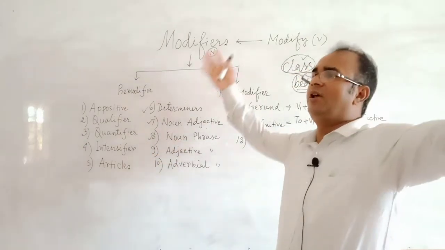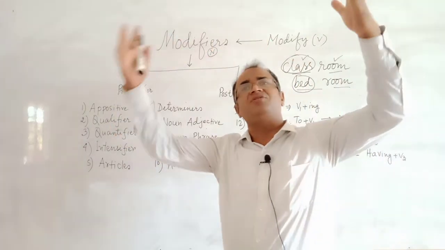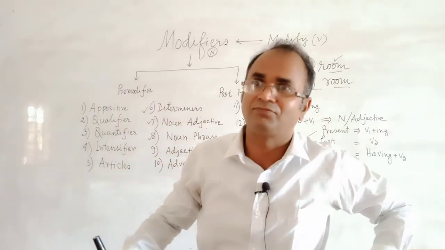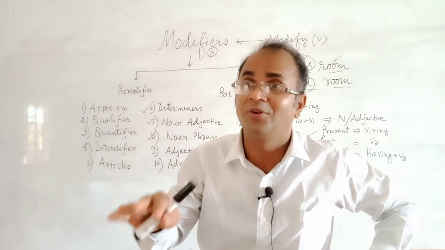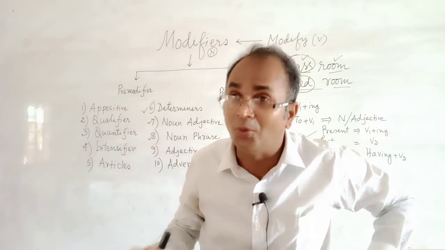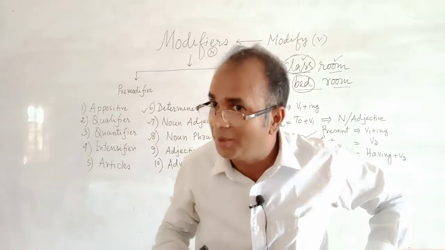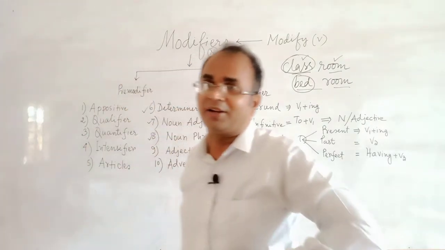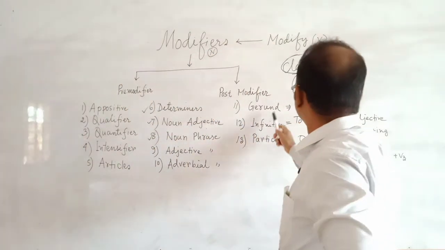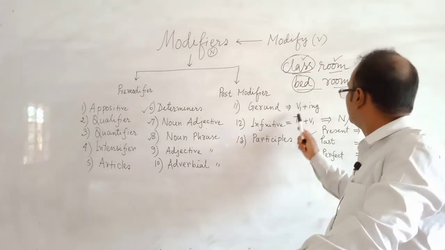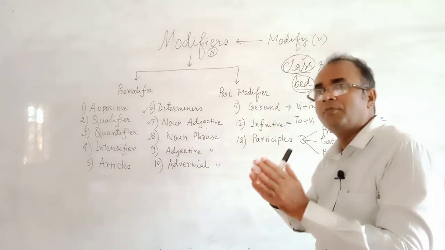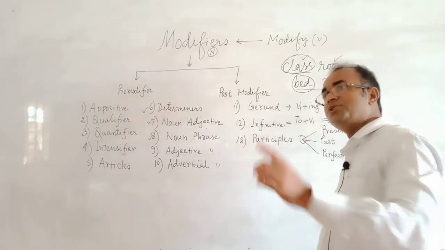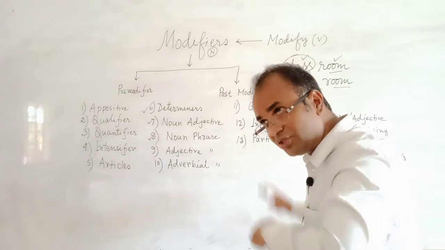There are infinitives and participles, which are called verbals. Verbals are another important part of grammar. The base form of verb plus ing is called a gerund, which works as a noun.